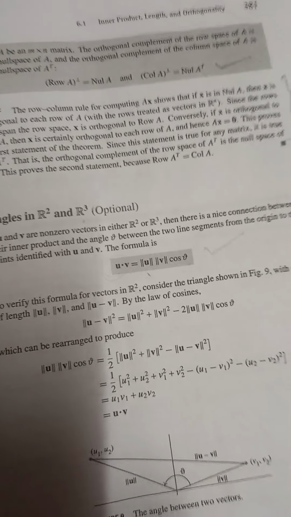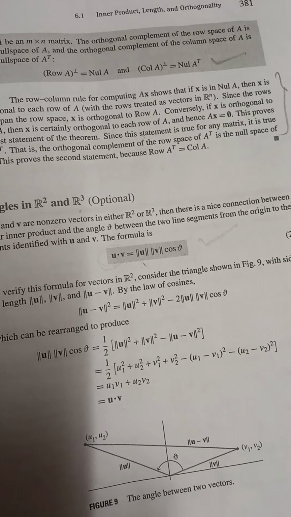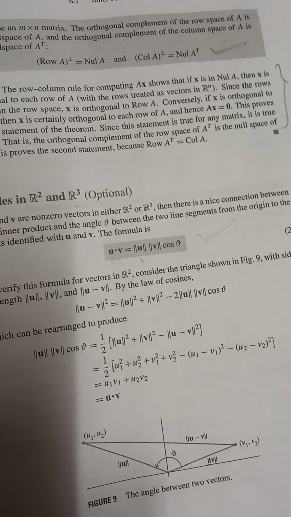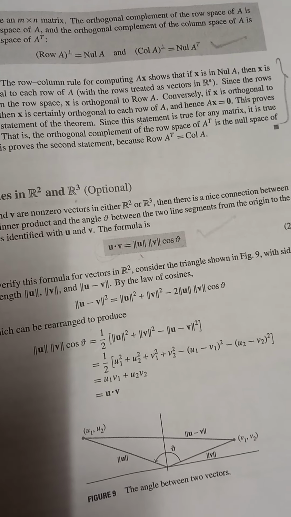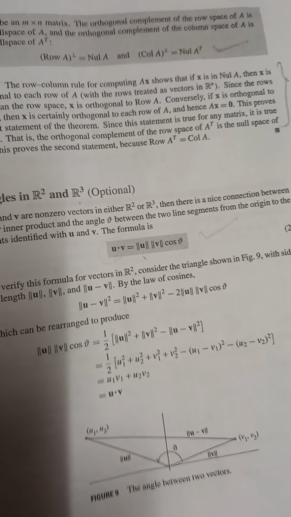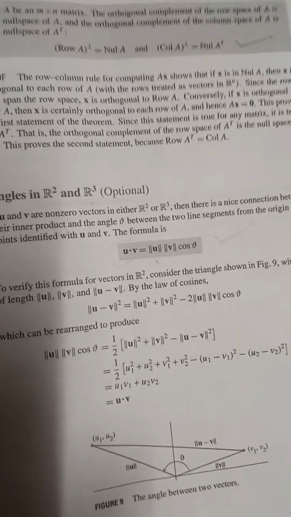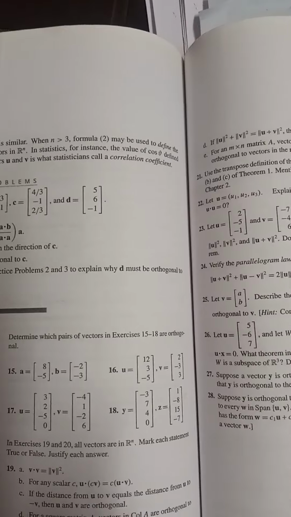This is the formula you have to remember, right? The angle between two vectors is denoted by theta, and it is given as u dot v is equal to norm u into norm v into cos theta. Okay, only one simple definition, there are no problems.